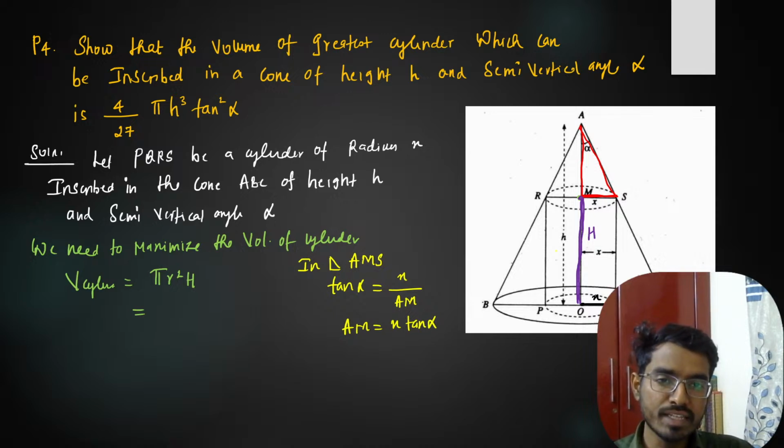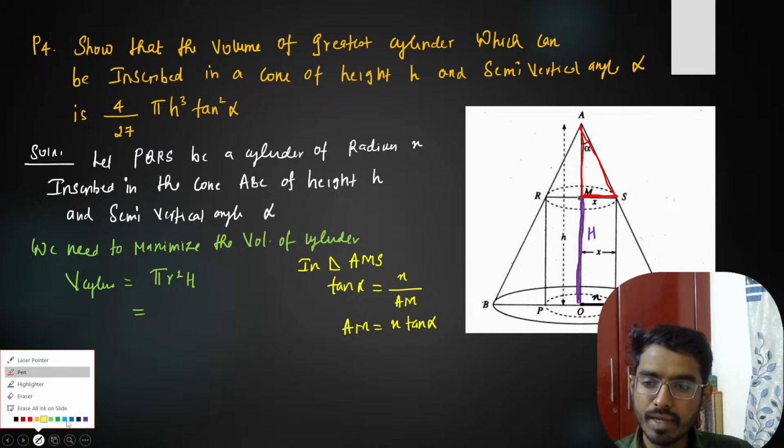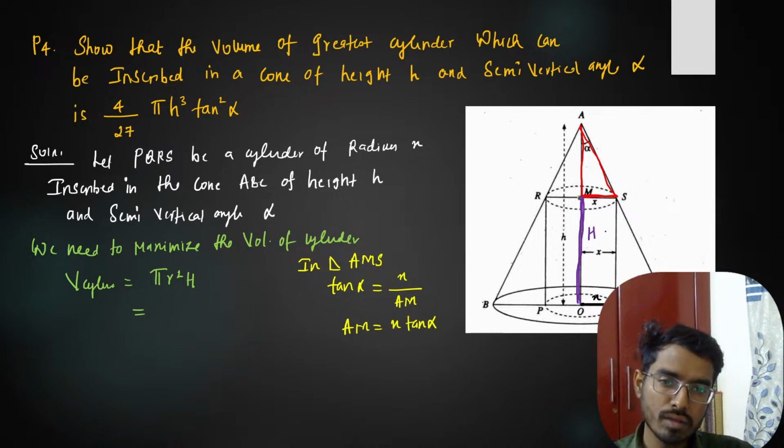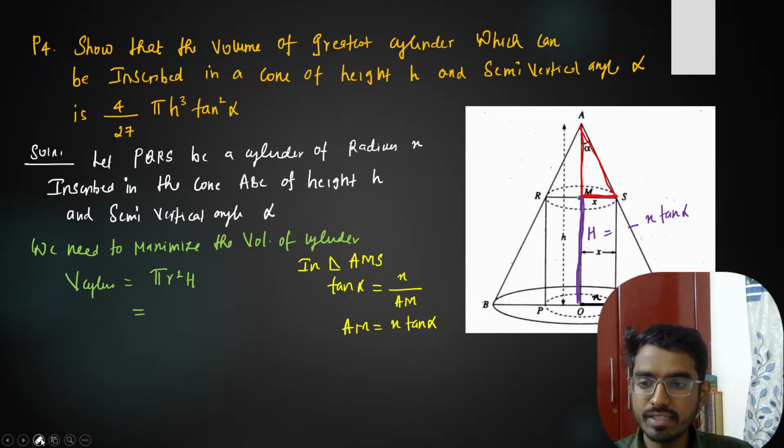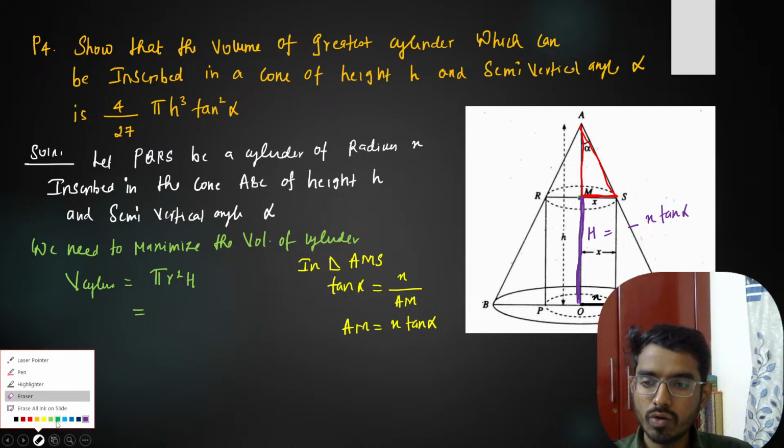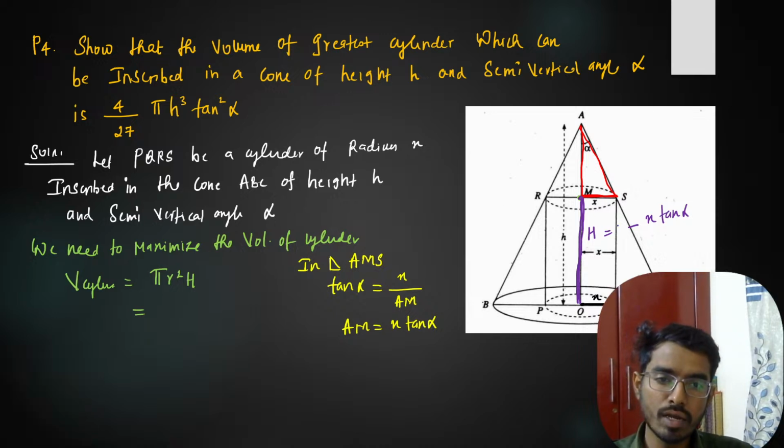Now what is capital H actually? Can I write capital H as the total height, small h, minus AM? Is this clear? So our capital H is the total height small h minus AM.